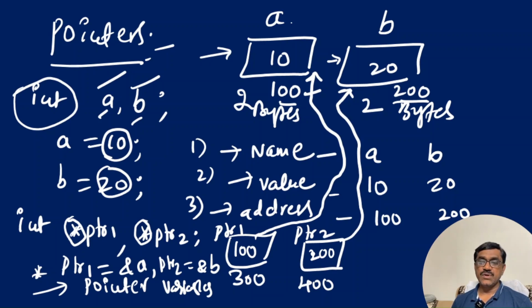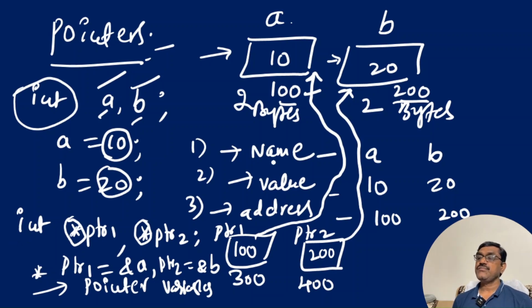That is very, very important. If you say ptr1, ptr2, that is the same as ampersand a comma ampersand b. The process of calling a function by passing ampersand a comma ampersand b indicates that we are calling a function by passing addresses. This is a simple scenario about pointers.